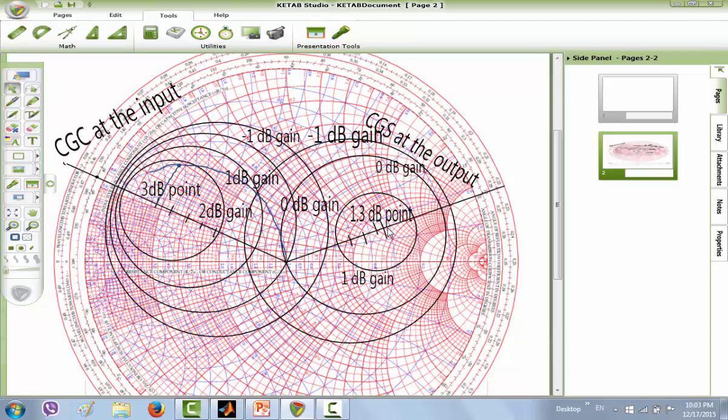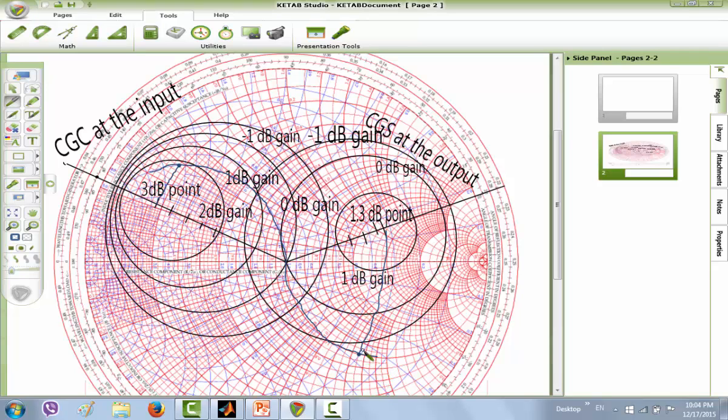So to move from this point to the origin, we move on a constant resistive or conductive circle to reach the origin. First I'm going to mark the origin circle using the pen. This is the constant resistive circle for the origin, and this is the 1.3 dB point. Moving on a constant conductive circle, we reach this point, so this is the intersection point. I'm going to mark it to read its value.